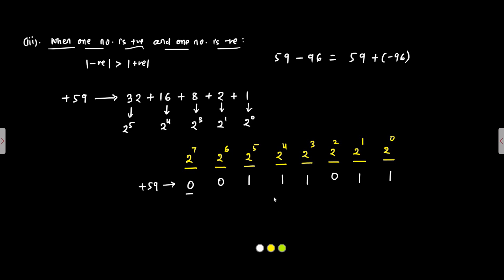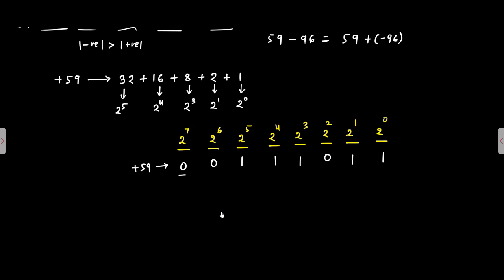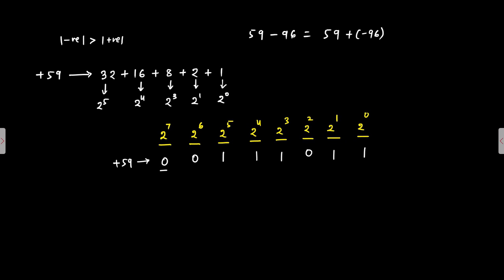Next is minus 96, but first we have to represent plus 96 and then take the 2's complement to get minus 96. This is very easy, simply 64 plus 32.